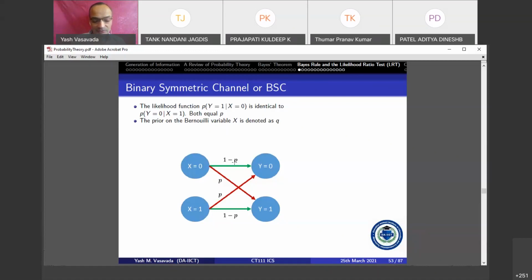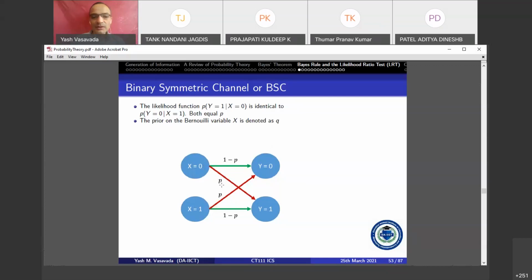What I'm trying to say is that in the communication context, the channel flips 0 into 1 and 1 into 0 without any bias. It doesn't care whether the underlying bit is 0 or 1. It just flips it. And therefore, we have no reason to believe that the zeros will get flipped into 1 any differently from the ones getting flipped into 0.